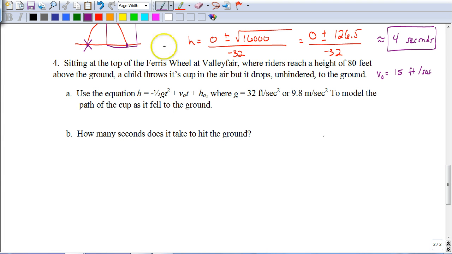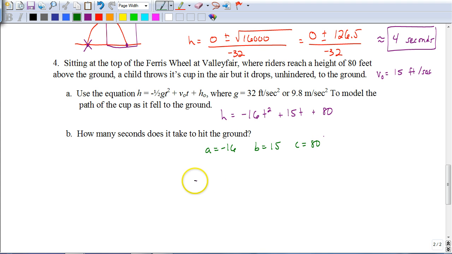Okay, so what you should have done is notice that everything's in feet, so we're going to use, again, negative 16, because it's half of 32, t squared. Your initial velocity this time is 15 times t, plus your initial height, which is 80 feet. So when we go to find when it hits the ground, our A is negative 16, our B is 15, and our C is 80.